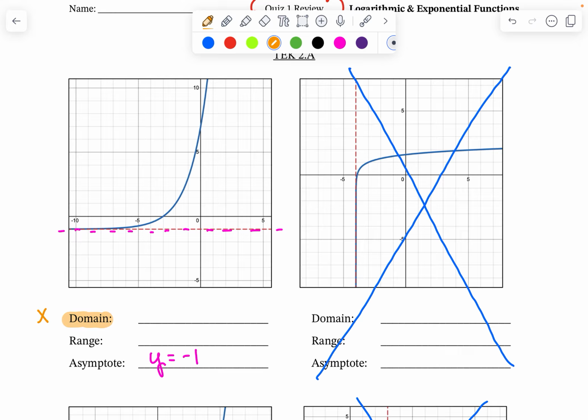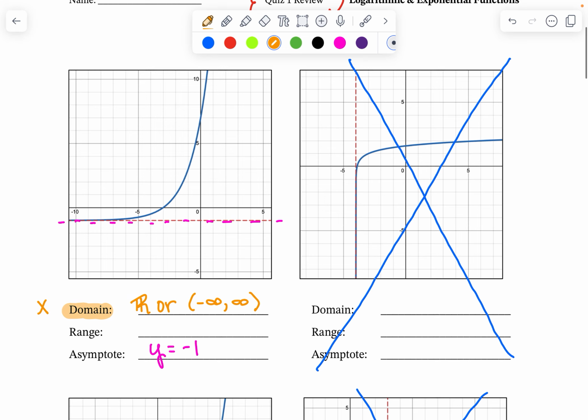First thing you want to start with is that asymptote. This one hits the y-axis at the 2. And remember, I told you domain is your x's, but for anything with a horizontal asymptote, it's either all real numbers or it's your infinities. Range, the easiest way to think about that, of course, it's your y's.